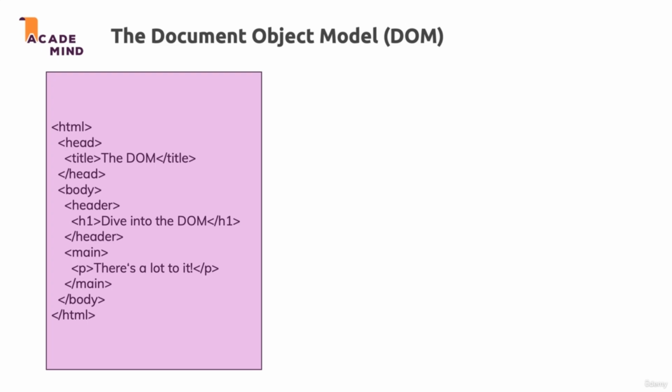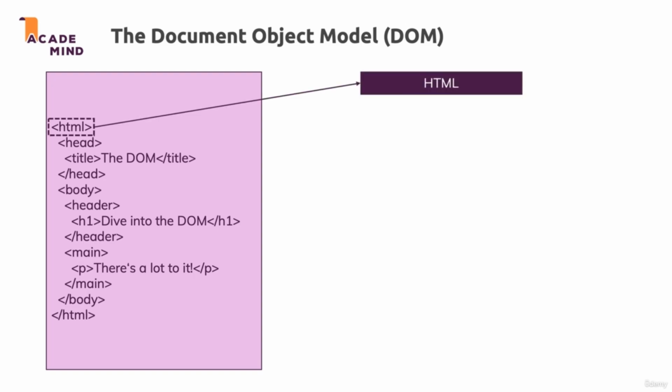Now, what the browser does in that case is it, of course, renders all the pixels, but it also parses the HTML code and creates an object representation of that, because behind the scenes, the browser doesn't work with text, which HTML is in the end, but with these objects that are stored in memory. And there, for example, the HTML tag is translated to an HTML node, as it's called.